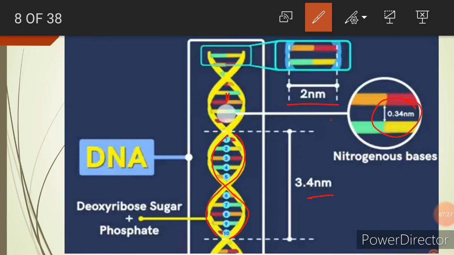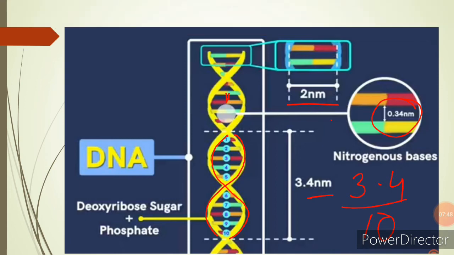It's very simple. How? You can see 3.4 divided by 10. 3.4 is the length of one turn, divided by the 10 base pairs, and we get 0.34. So this is how the molecules are arranged.